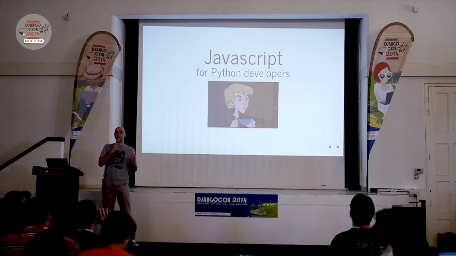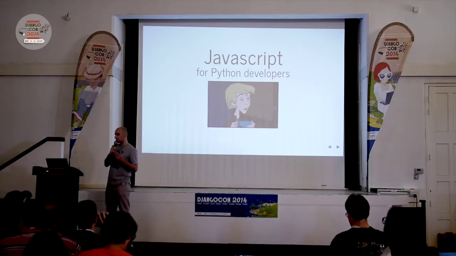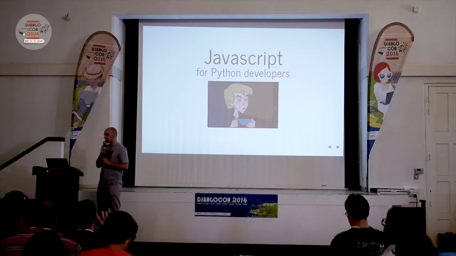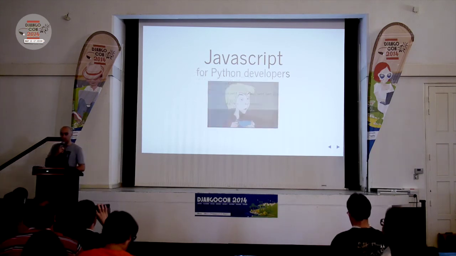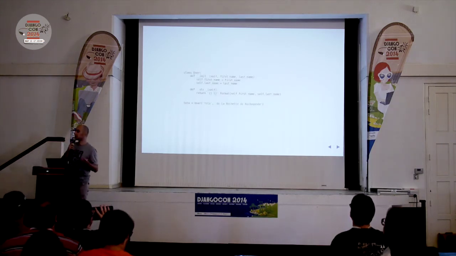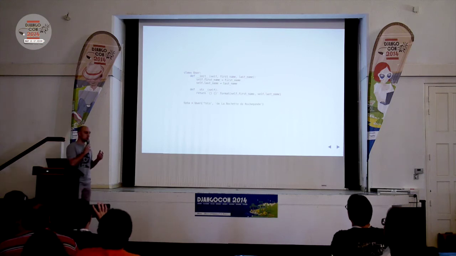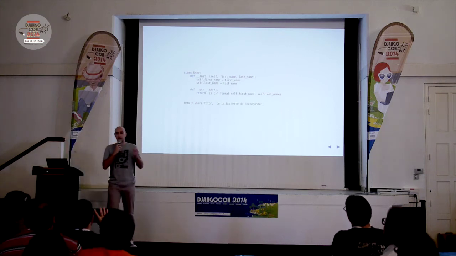And I'm going to talk about JavaScript for Python developers because someone has to. We French people, we like Python because we are romantic people. And when you want to seduce a man, you can't just read Python, because Python is like poetry, it's like Baudelaire.